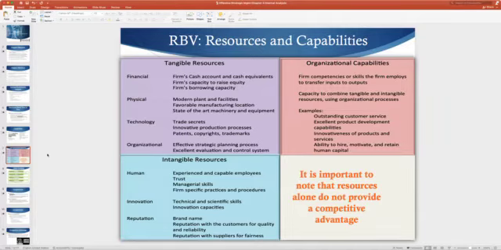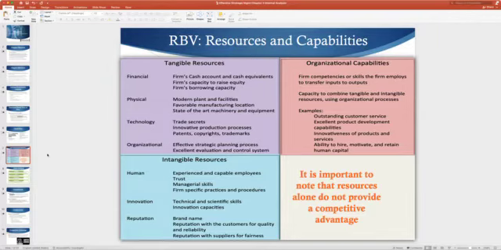Now, you'll notice in the bottom right-hand quadrant of this slide, it's talking about the importance that resources alone do not provide a competitive advantage. When we're looking at resources, both tangible and intangible, unless we exploit them, they really don't do you any benefit.